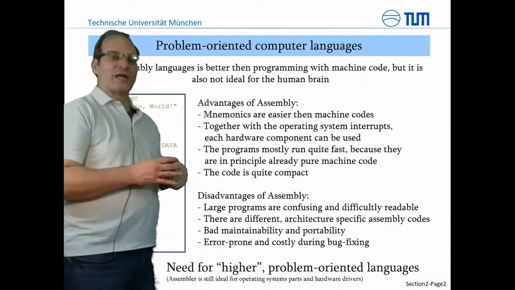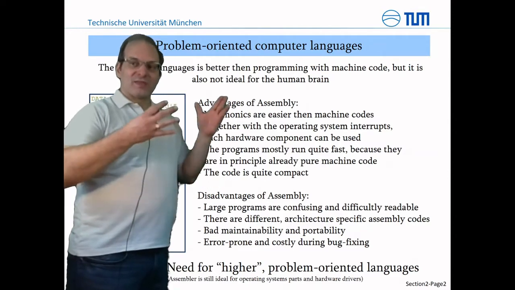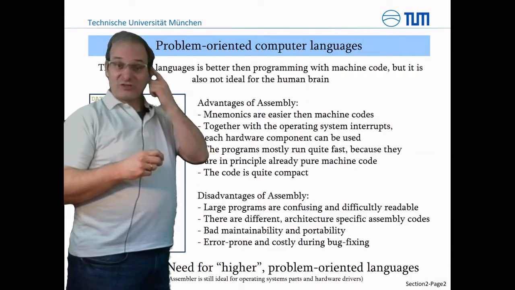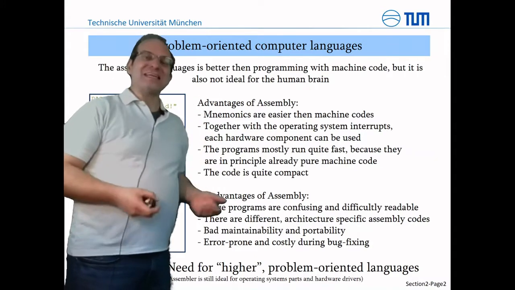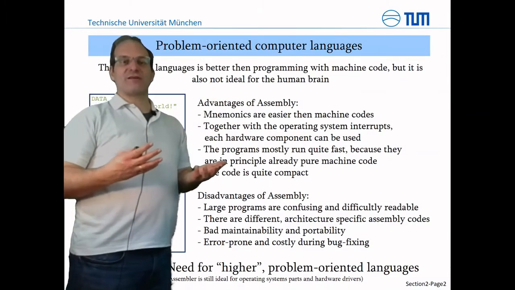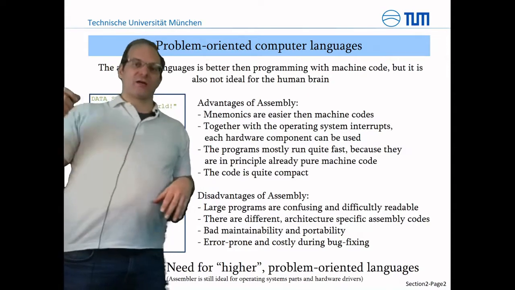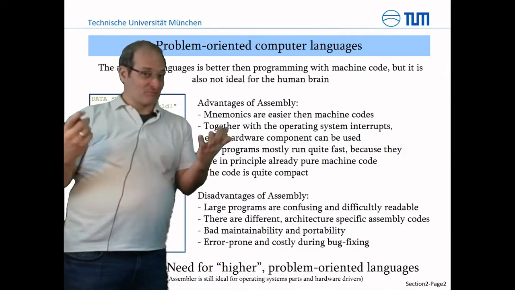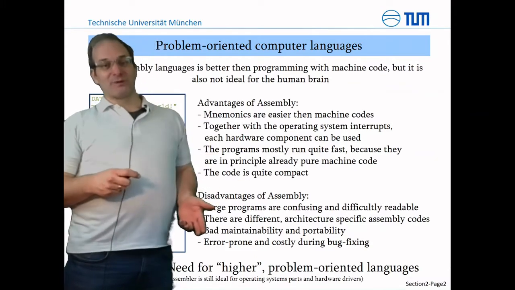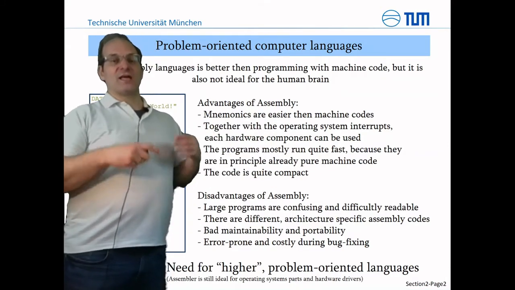We were able to program, and the mnemonics are easier than the zeros and ones of a machine code, but they are not easy enough, because if the tasks which we have to solve become more and more complex, then the structure, like what you see in assembly, becomes really unreadable. And therefore maintenance is bad, and portability is bad, because assembly is very specific to the CPU on which it is running, and things like that.